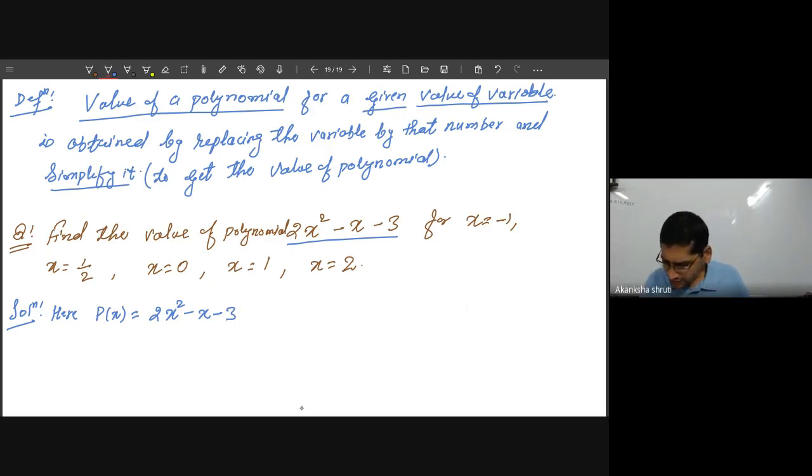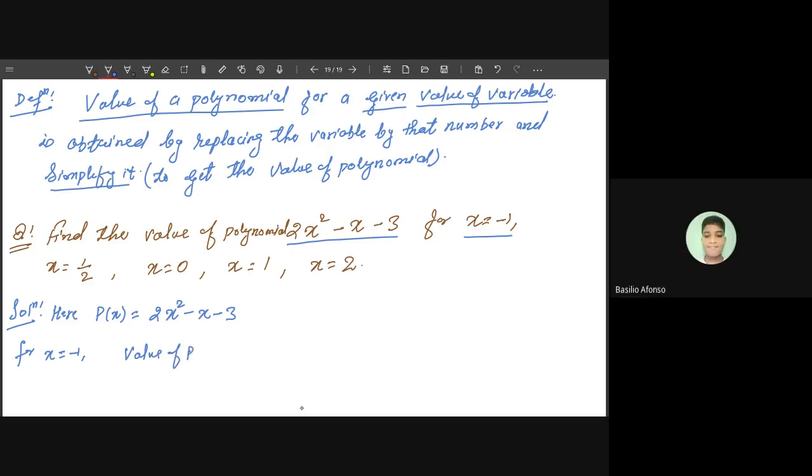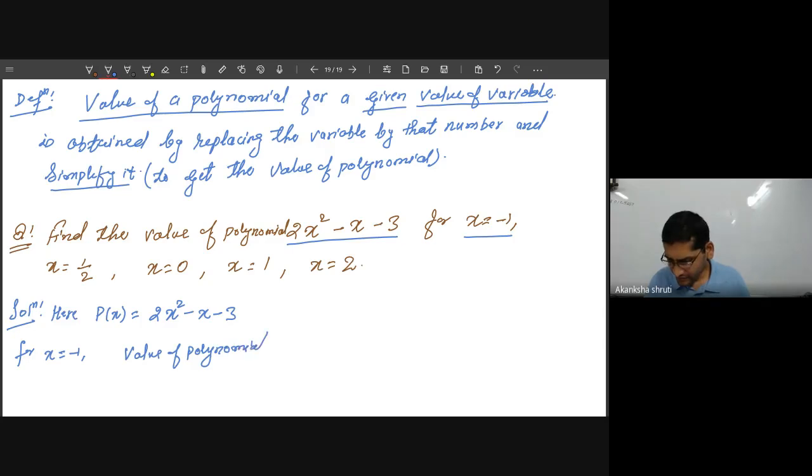Now we have to check for each value of x. For x equals minus 1, the value of the polynomial can be obtained by substituting x equals minus 1 here. Whatever value is given for x, you just substitute.